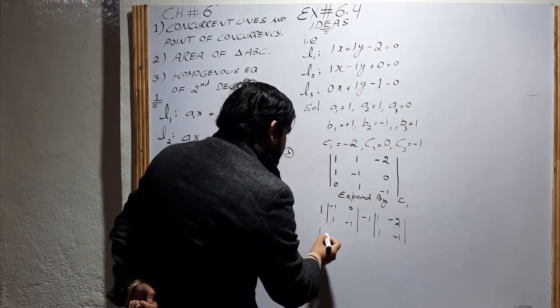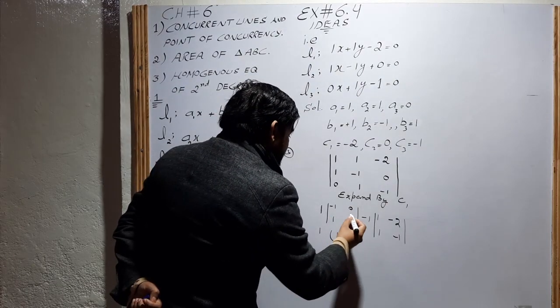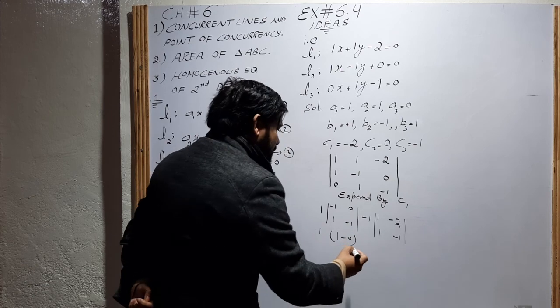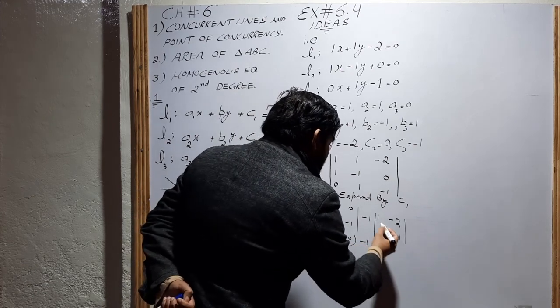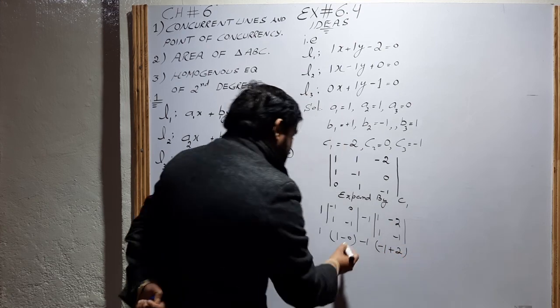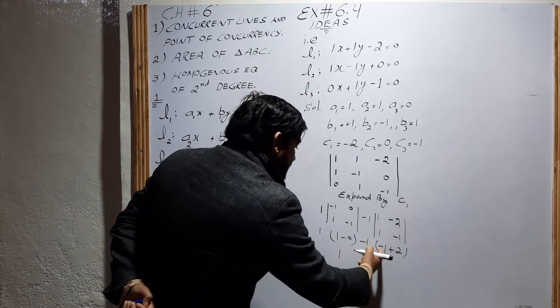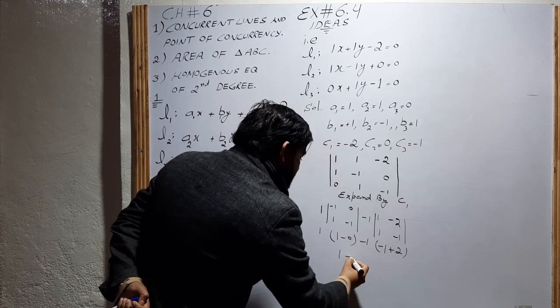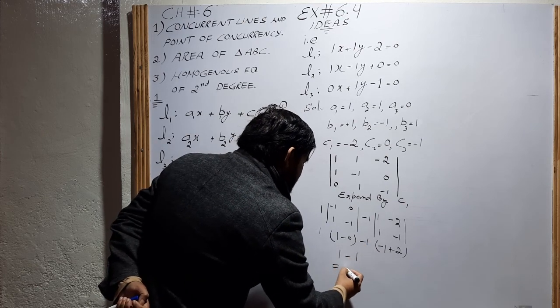So this is 1 into (-1), this is -1, this is +2, and after simplification, this is equal to 0.